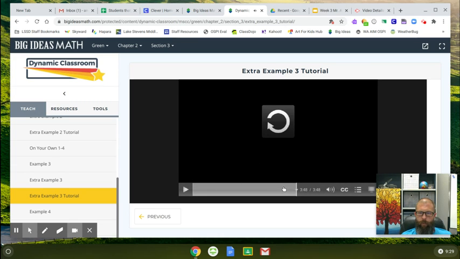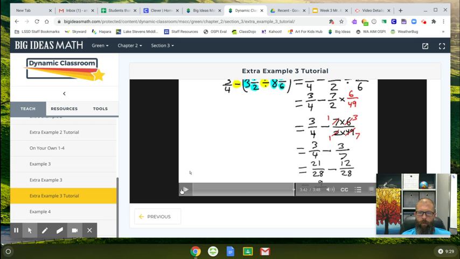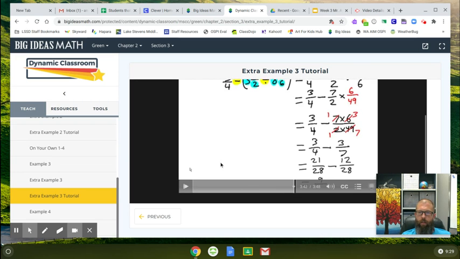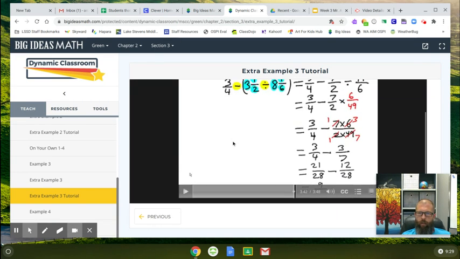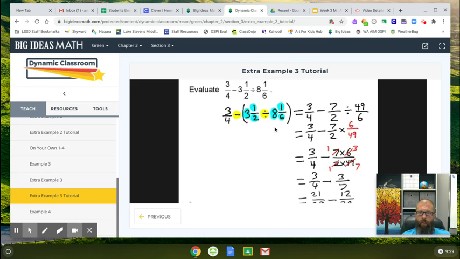If you want to pause that, you can. Check it out. You can also look at my notes. Make sure you have all that stuff written down because we're starting to get into multiple steps here that are hard to remember. So that's example 3. Keep up the good work and stay tuned for more.